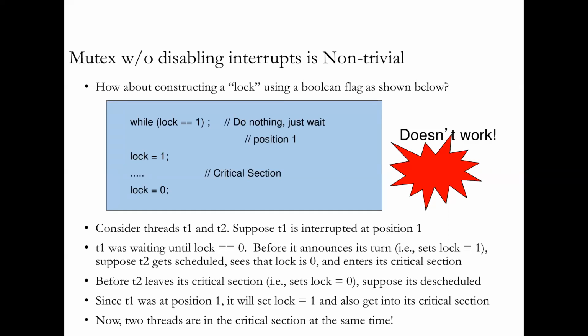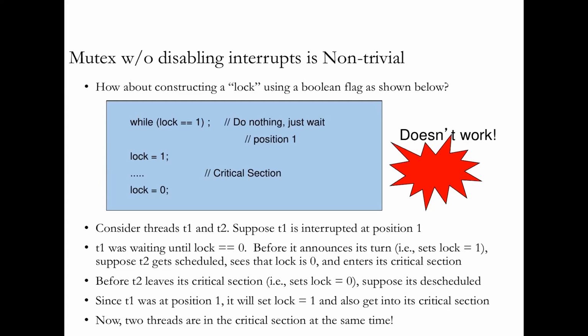Another thread in the meantime got scheduled, and it also sees that lock is still 0 because lock was not set to 1 yet. So therefore, it's also not going to wait in this while loop. It's also going to see that lock is 0, so it can finally enter the critical section. It will set lock to 1 and enter the critical section.